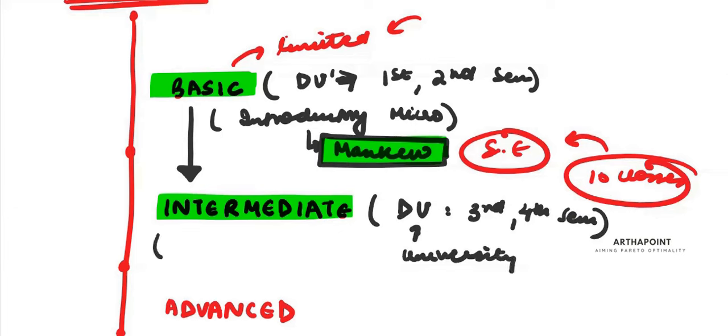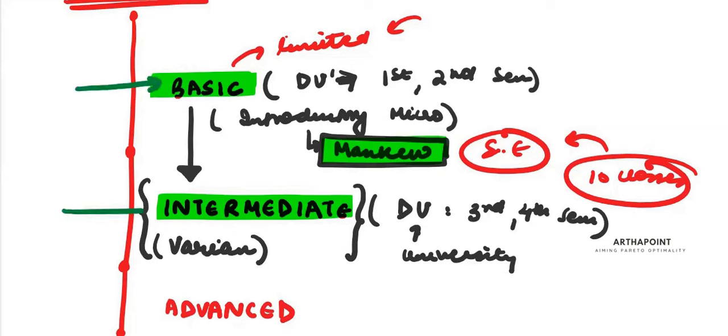This is called intermediate microeconomics by its very name, and it is completely based on Varian, if you want to follow a book. This is what I do as part of my Varian. This is sufficient if you are thorough with this and this.